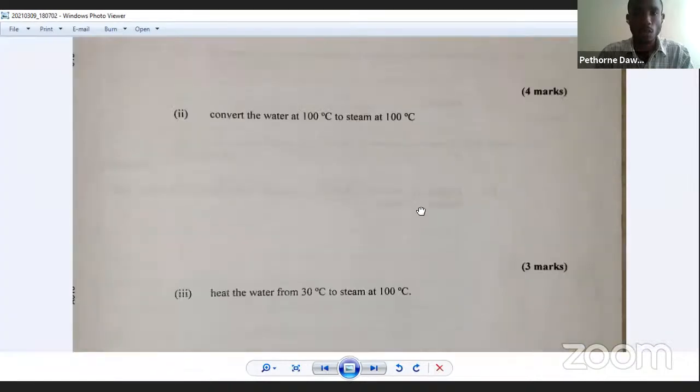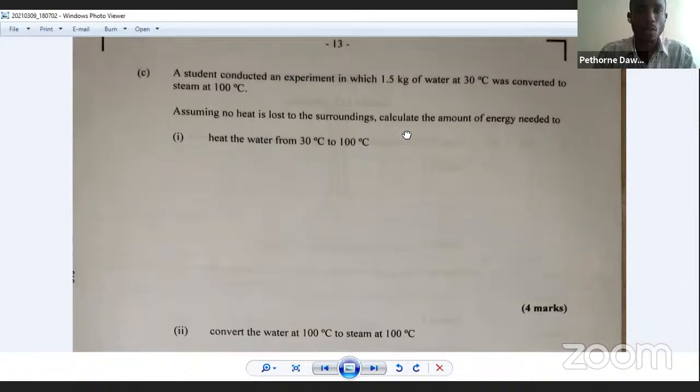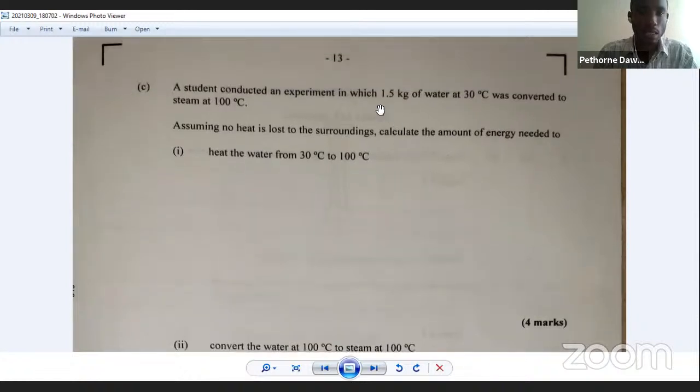Now, in terms of working out this question, we need the specific heat capacity of 4,200 joules per kilogram per Kelvin. We also need the mass, which they have given, of 1.5 kilograms. And the final thing we need is the temperature change. Not just the temperature given, but the temperature change.